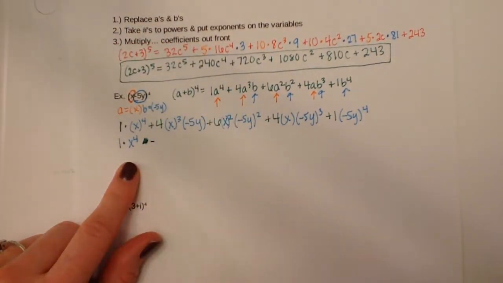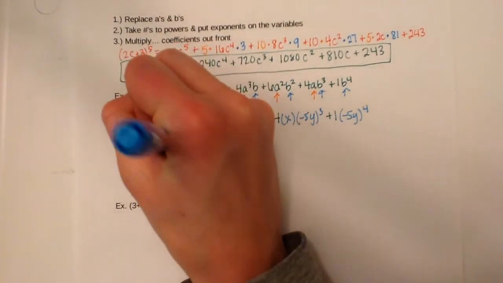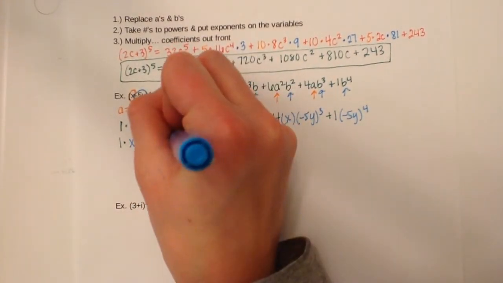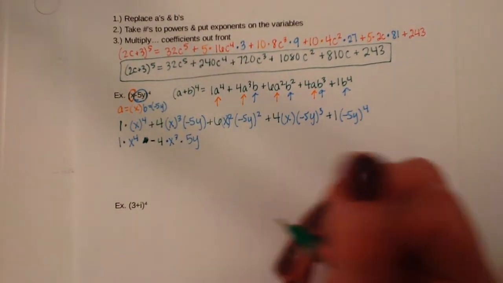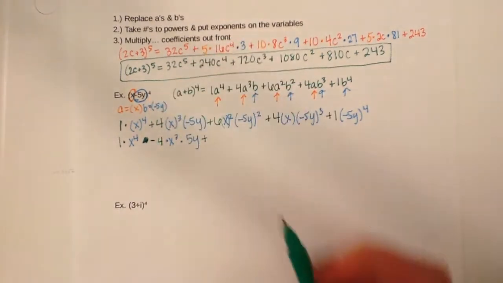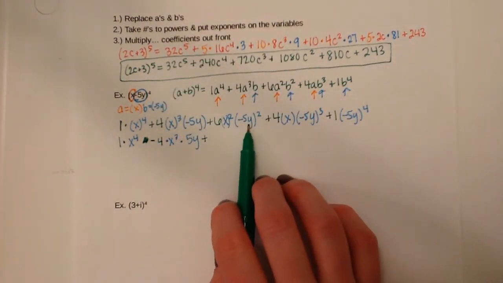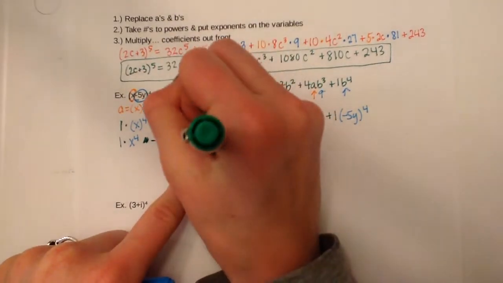So minus, and we have 4 times x cubed times 5y. Then we have plus, because we said if we have a negative number to an even power, it's going to be positive. So that's going to be positive.